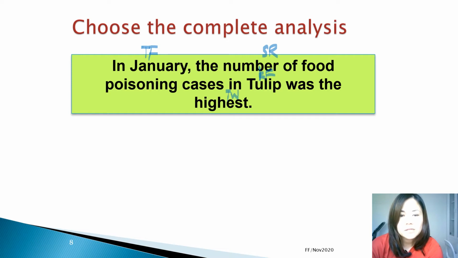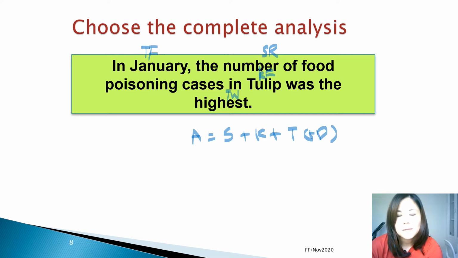Previously, you know that we must have A equals S plus KF plus T, in bracket data, plus data plus time frame. So there should be 5 elements present. If any of these is missing, that will not be a complete analysis. And apparently, what is missing here is the data.